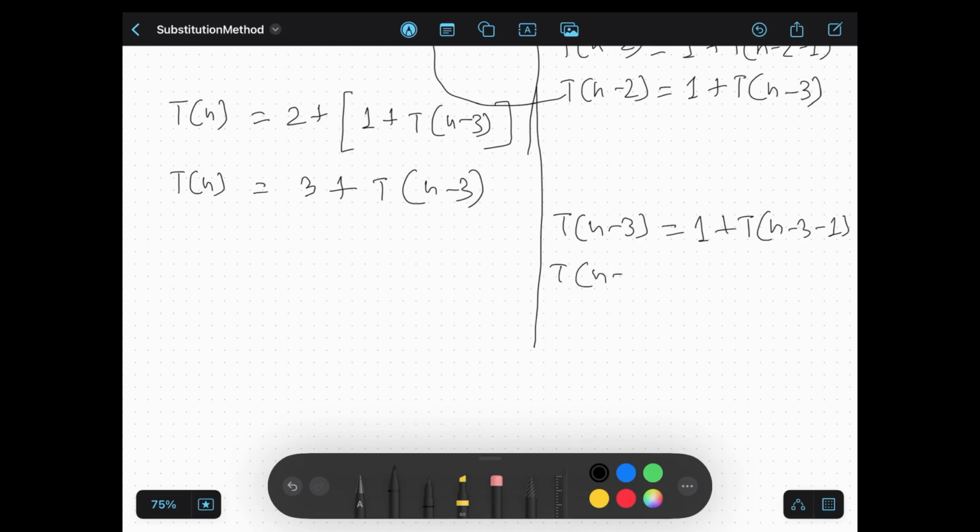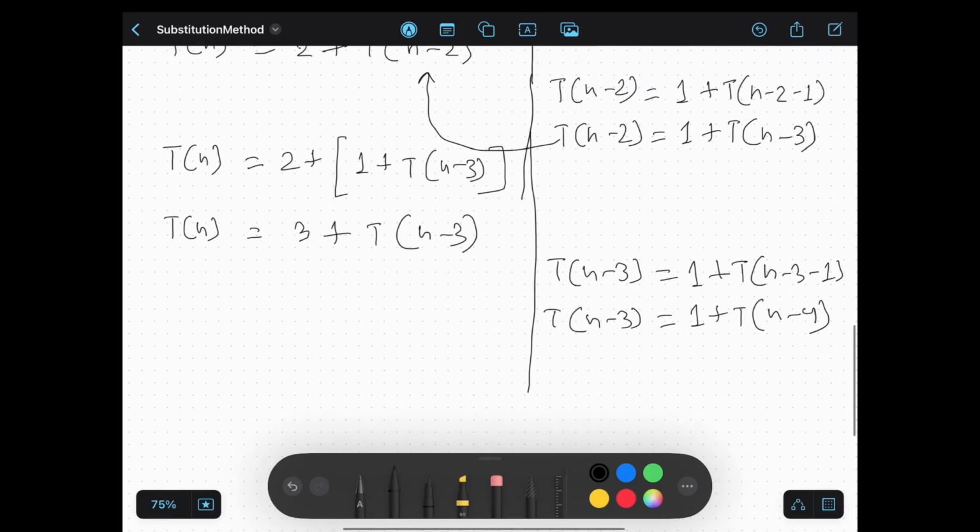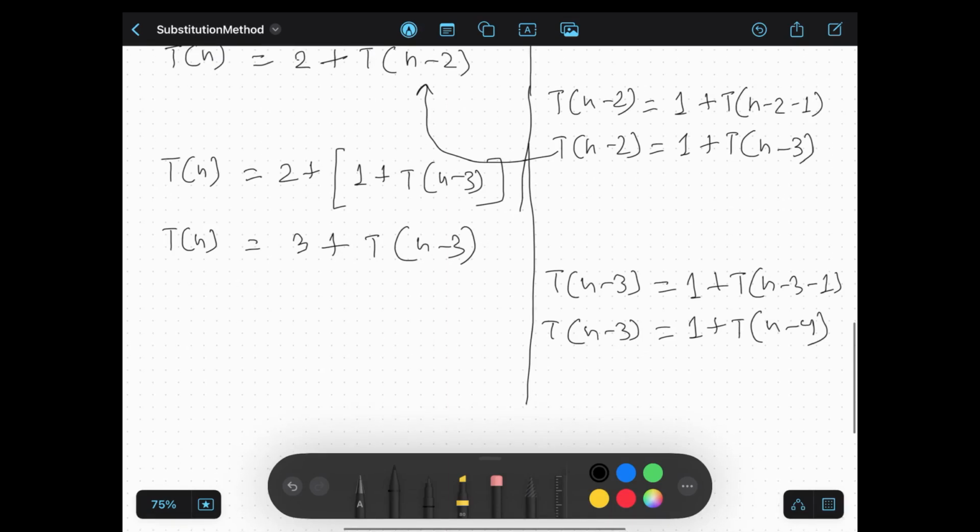So then T(n minus 3) is equal to 1 plus T(n minus 4), and we are going to substitute this here.